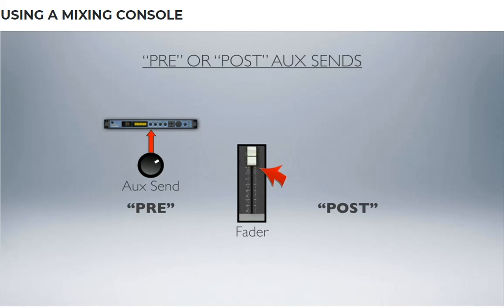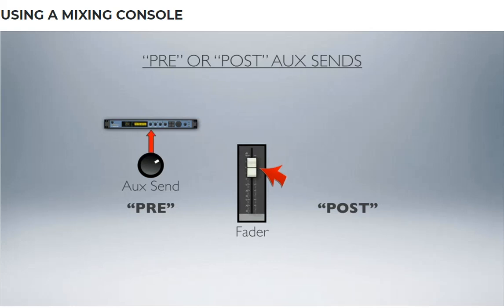You'll notice that the Aux Send has not changed because it's before that fader. If we bring it down, you can hear how the original signal has gone away, but the effect is still there because that send that goes out to that effects unit was not affected by that fader because it was before it. Remember, that was a pre-send.